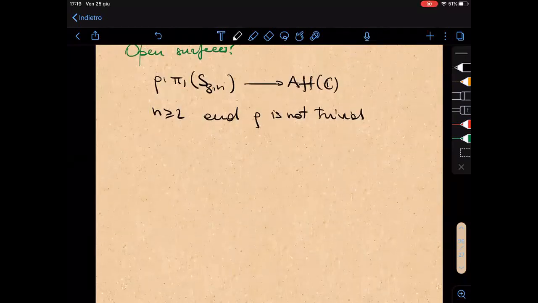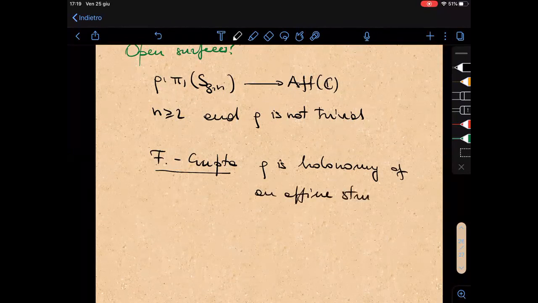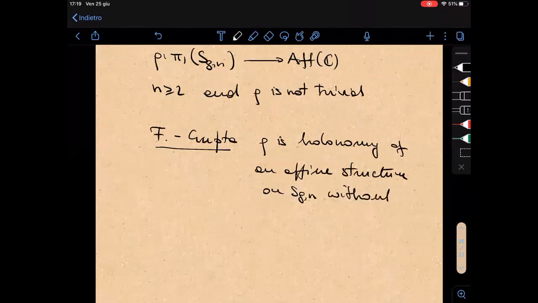Then something I proved recently with Shubhajay Gupta is that rho is holonomy of an affine structure on S_{g,n} without branch points.